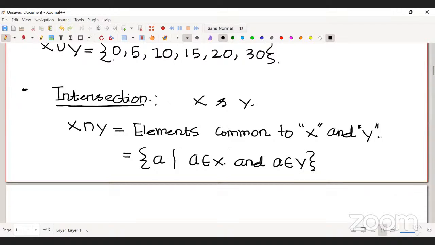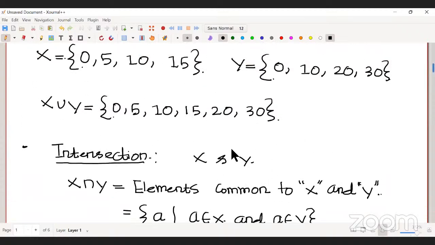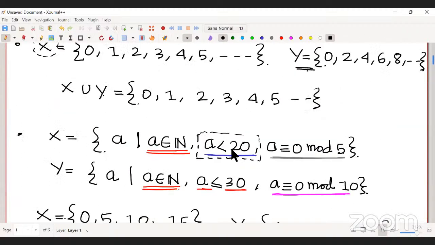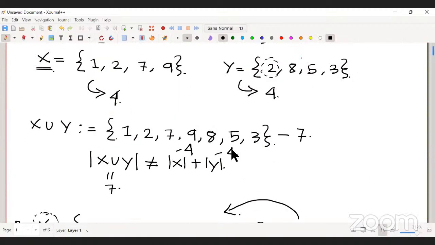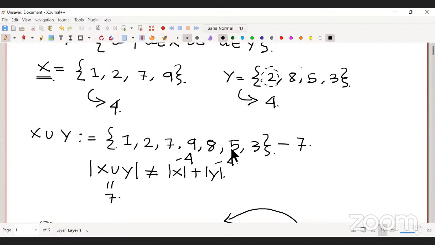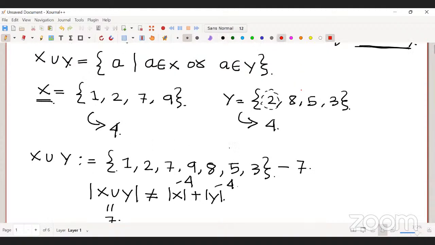Okay, so let's go back and see the example we have already discussed. Let's compute the intersection for these examples. This is my set X and this is my set Y, right? So what is X intersection Y?